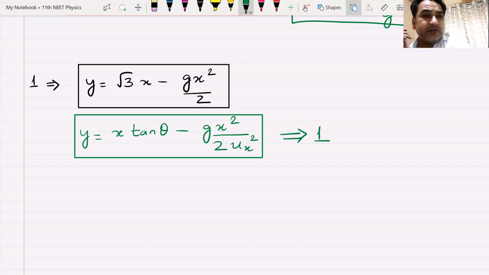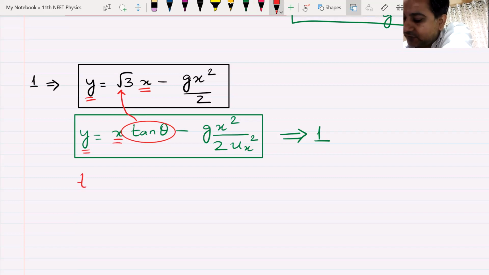So basically what I'm going to do is compare both the equations. See, x, x, y, y. So this tan theta must be equal to this. Yes or no? Yes.